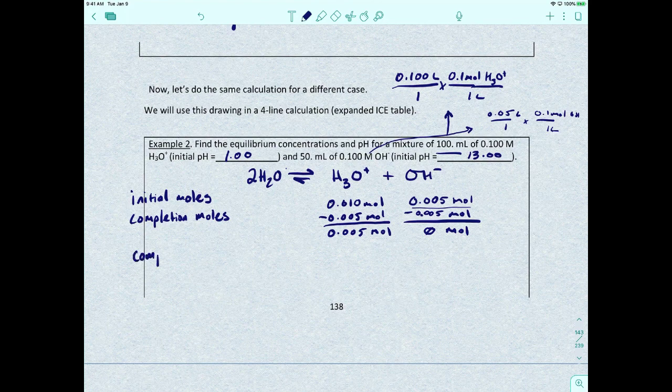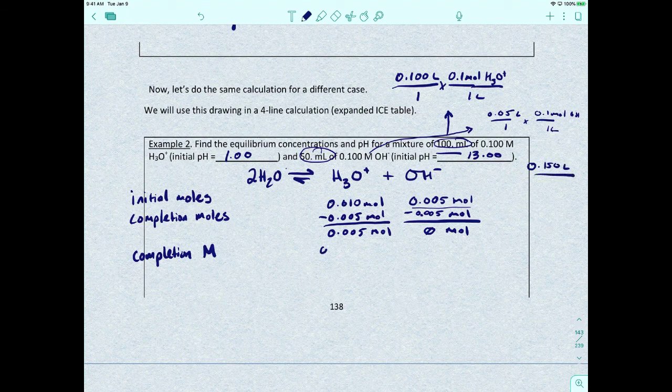Okay, so now we need to get the completion molarity. Molarity, sorry, not molality. Using our moles and adding the volumes up, we have 100 mL of acid and 50 mL of base, so that's 0.150 liters total.